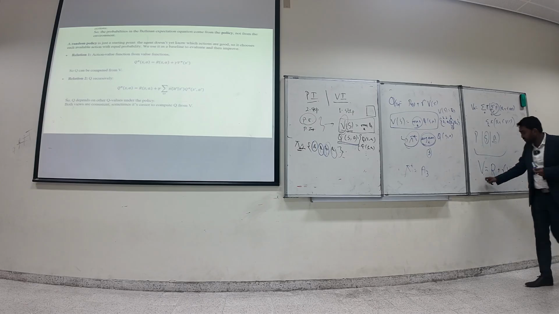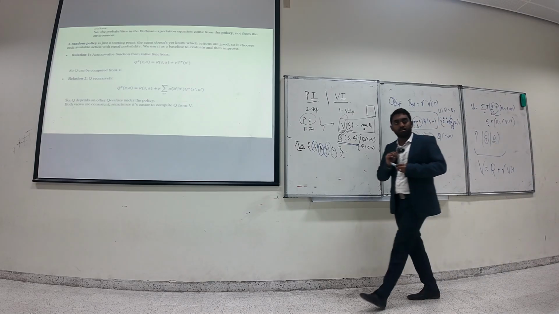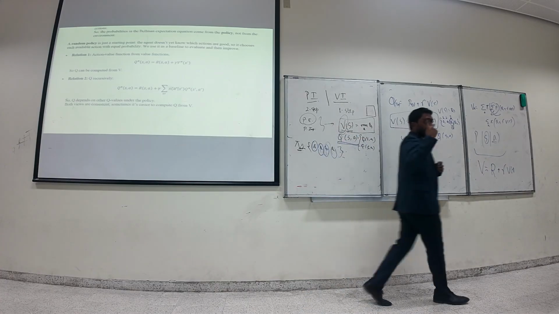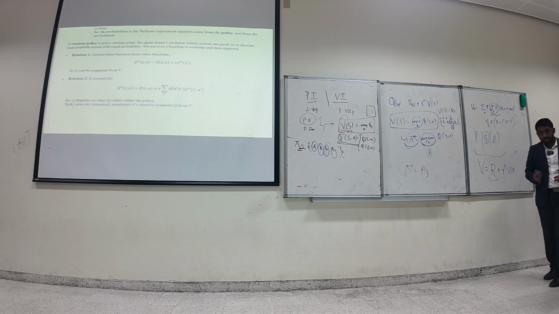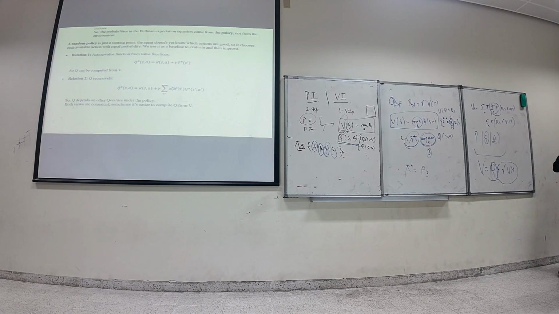So what does your value function assume? Your value function assumes there are two parts, right? There are two quantities here on the right side. One quantity assumes that you are making the transition, then you will get this reward. What does the other part of this equation tell you?